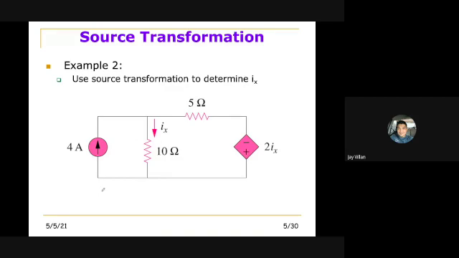So if we transform that, I is equal to V over R, so that is equal to 2Ix divided by 5. The resulting circuit will look like this.